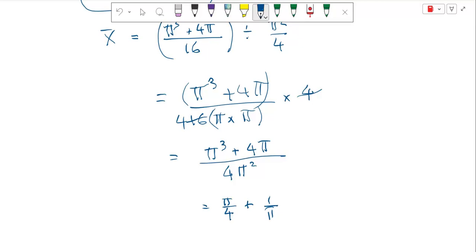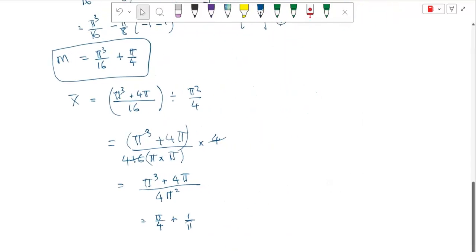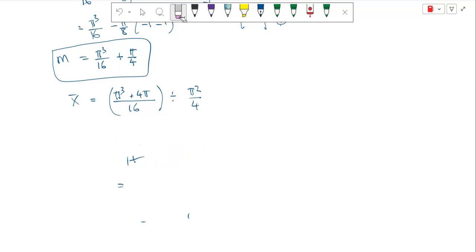I don't think that's what I got for my answer. I'm sure I had an extra 4 in here. Okay. This is just highly annoying. 4 pi on 16 divided by pi squared on 4. Yeah, we've done it wrong for the 3rd time. Okay, I'm sure that by now you've all stopped watching and gone to sleep. But let's fix it again. Right.